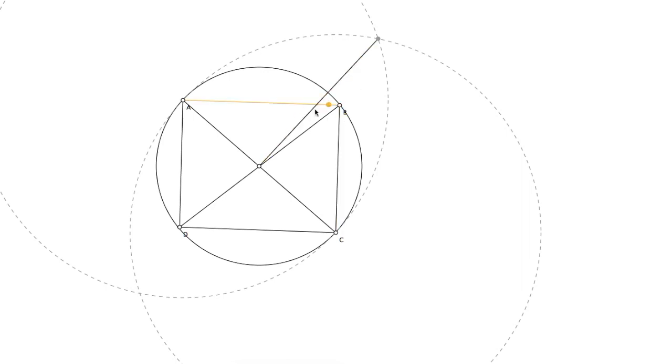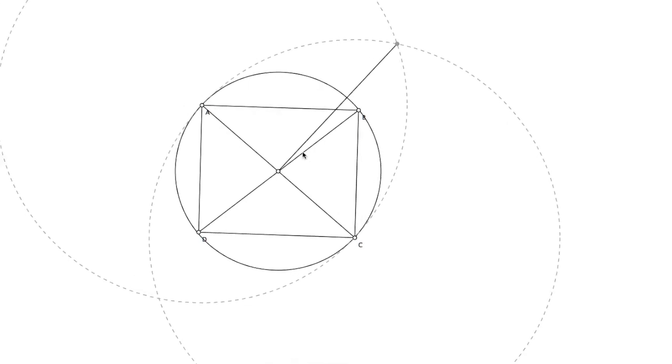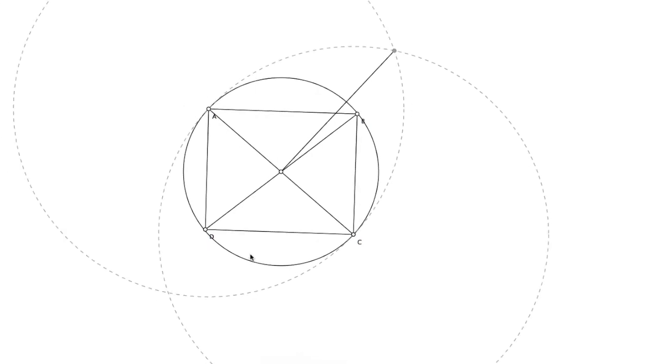Because even though it may look like it passes through point B, if you zoom in far enough, maybe it will no longer look that way. Or if we zoom out far enough, maybe it'll look like it actually did work. So here we have a case where I've zoomed out quite a lot.